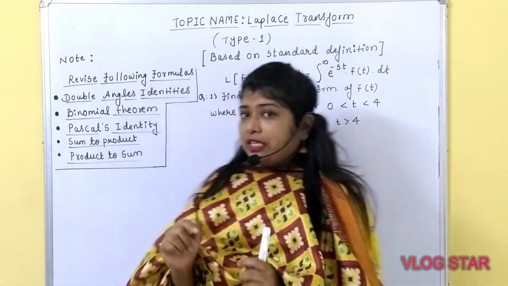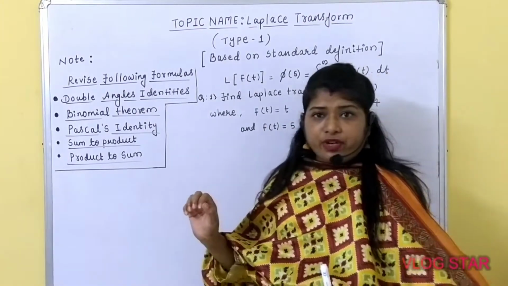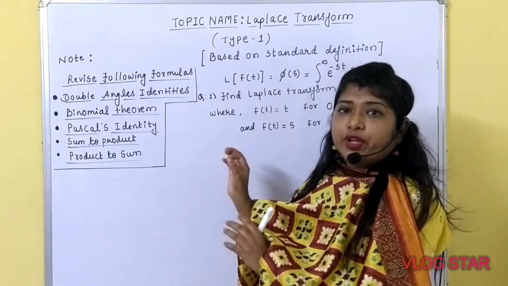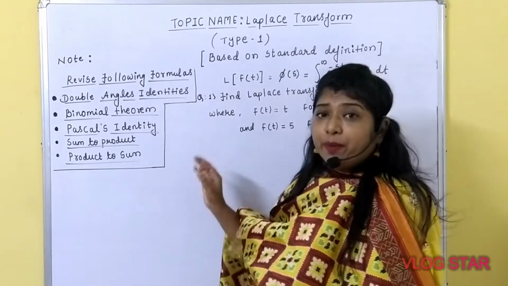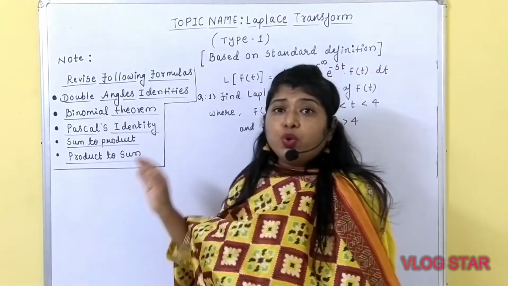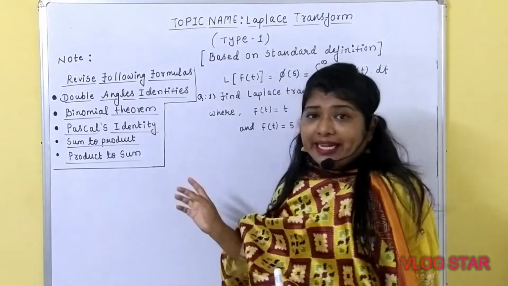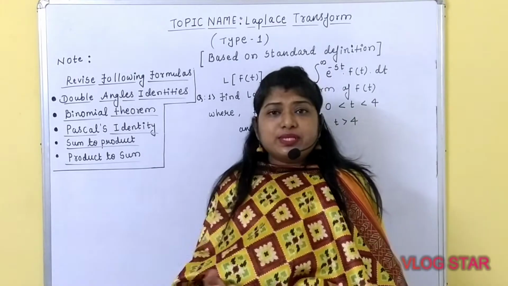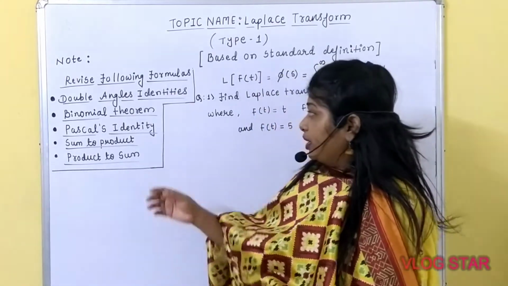Before proceeding further, please observe carefully. I have written something on the board. Kindly revise the following formulas. Very important concept. You have to revise double angle identities, that is cos 2 theta, sin 2 theta is equal to 2 sin theta cos theta, and so on.